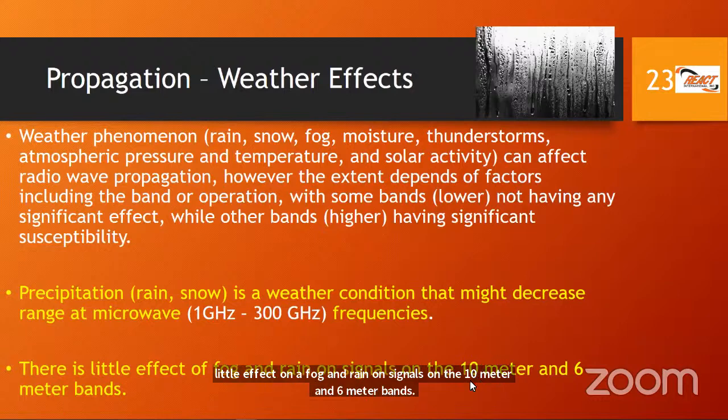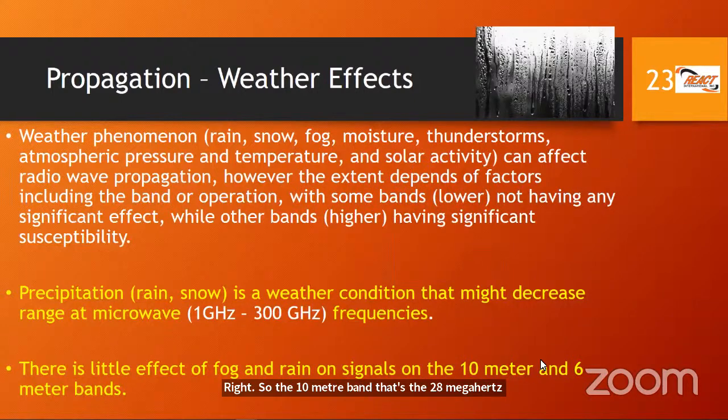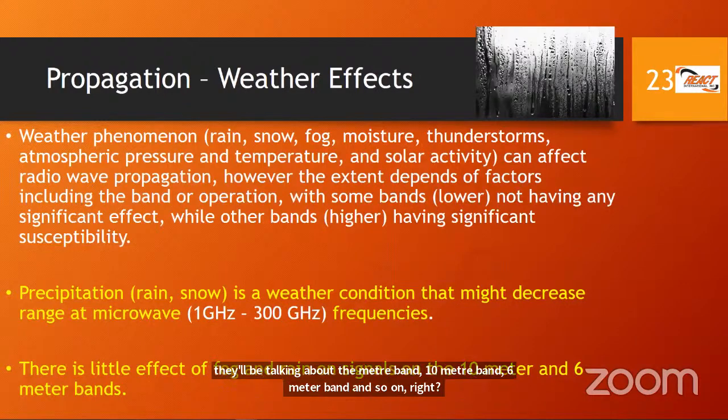So the 10 meter band, that's the 28 megahertz frequency, and the 6 meter band, that's the 50 megahertz frequency, right? So again, that's why that trusty table could be helpful to you, because they'll be telling you about frequency in megahertz and gigahertz. They'll be talking about frequency and wavelength. They'll be talking about the meter band, 10 meter band, 6 meter band, and so on, right? So you need to be able to comfortably convert between the two.